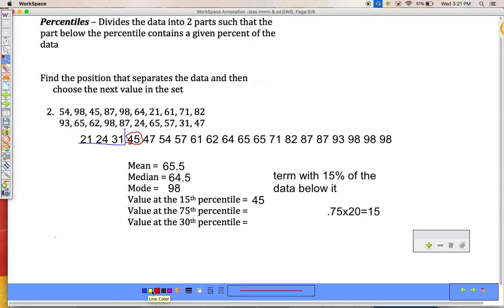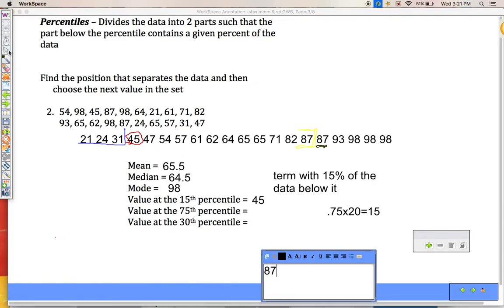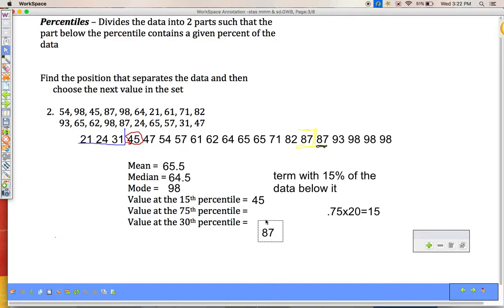So that's 3, 4, 5, 6, 7, 8, 9, 10, 11, 12, 13, 14, 15. All right, this is 15% of my data from 21 to 87. So that means my next term is 87. So we're finding the term that has that percent of the data below it.